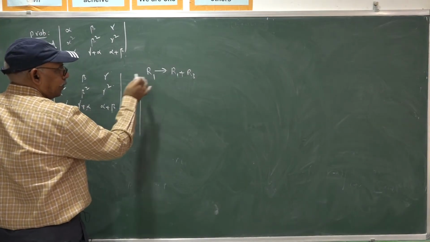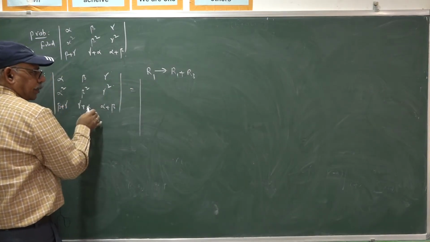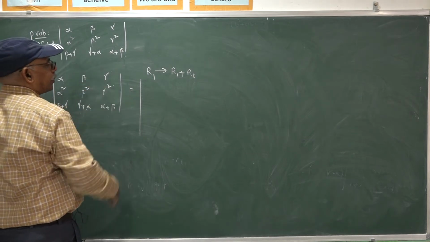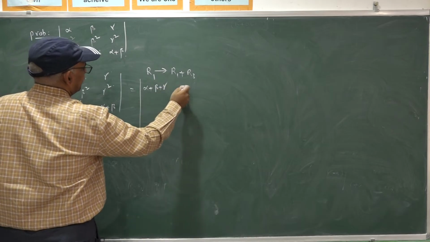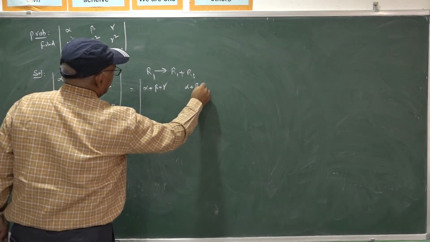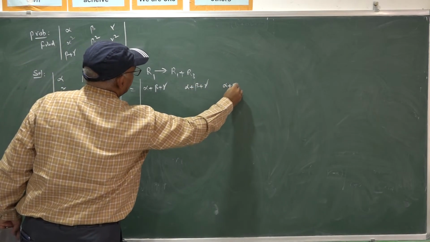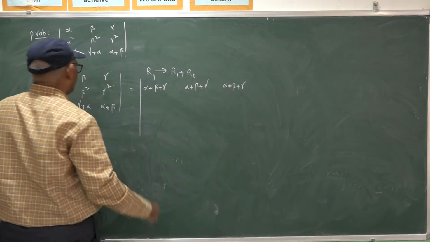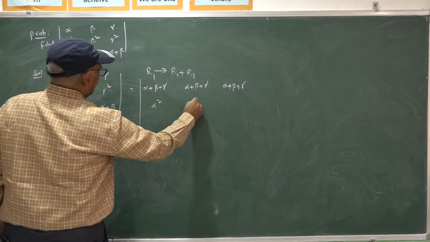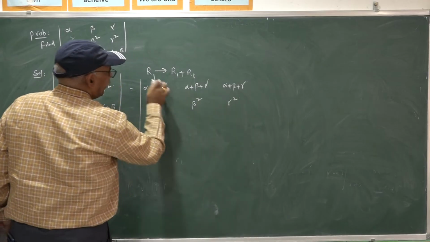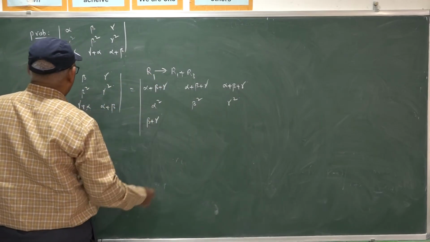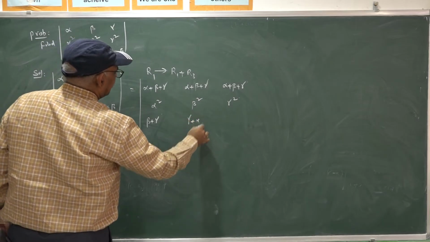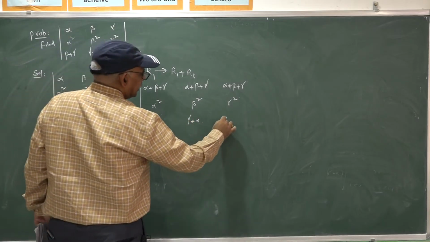Adding the first row elements to third row elements, corresponding elements, and writing in the first row, we get alpha plus beta plus gamma, alpha plus beta plus gamma, alpha plus beta plus gamma in the first row. The remaining two rows are as they are. The affected row is only R1 here. Gamma plus alpha and alpha plus beta.